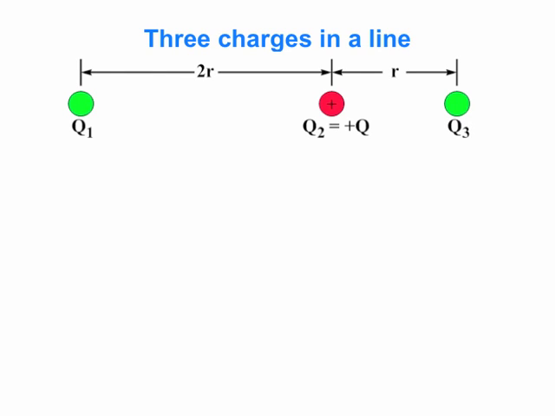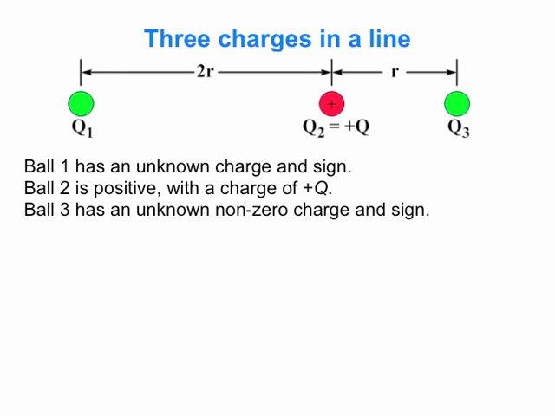So we will start just with this analysis of this situation of three charged particles arranged in a line. Charge 1, we know where it is, but it's got an unknown charge, and we don't know the magnitude of the charge, and we don't know the sign on ball 1.